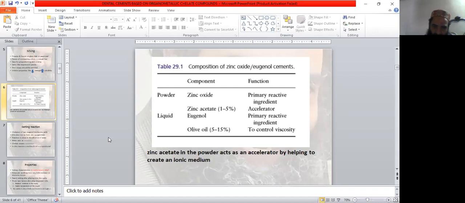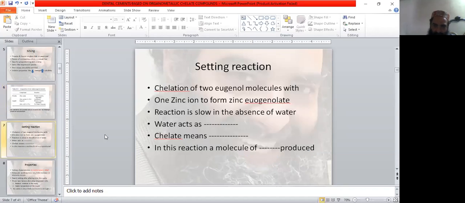Zinc acetate in the powder acts as an accelerator by helping to create an ionic medium. Setting reaction is chelation of two eugenol molecules with one zinc ion to form zinc eugenolate.